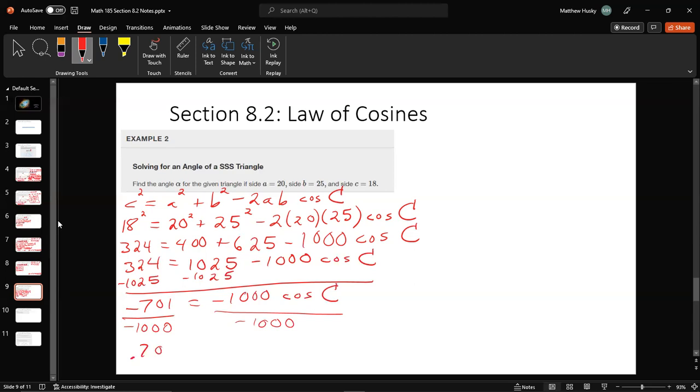That is 0.701. How about that? That is cosine of C. So if that's 0.701, that means that big C, the angle, will equal the cosine inverse of 0.701. If you work that out, you will get some angle 45.4927.